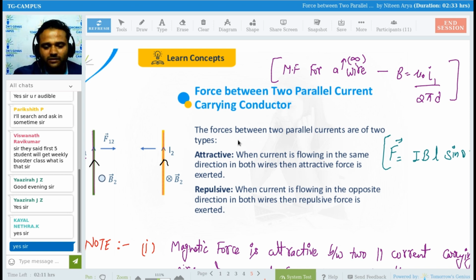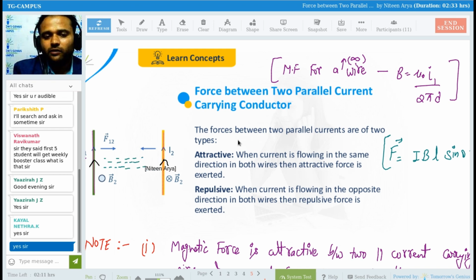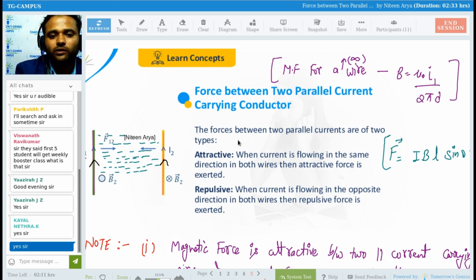When we apply a current in wire 1, it creates a magnetic field. When the second current carrying wire is brought into this magnetic field, that wire is going to be attracted, as simple as that, due to this formula.